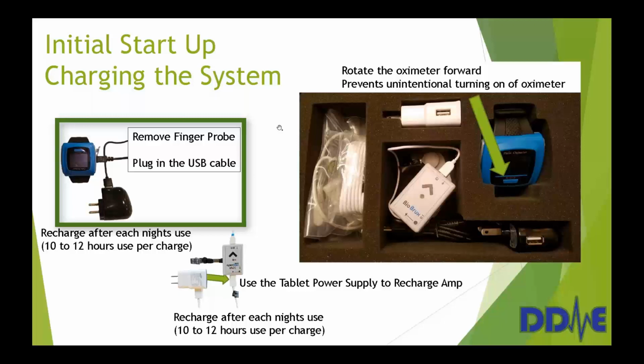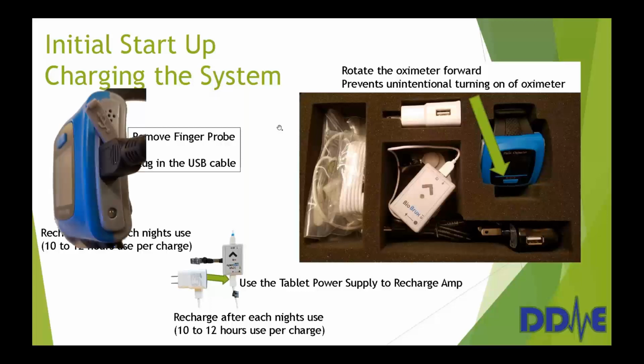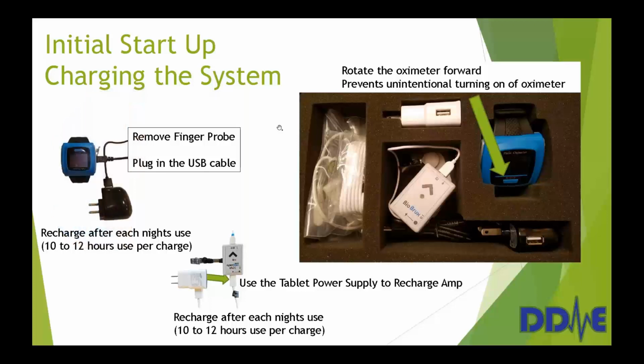So the black USB cable and the black wall plug are designed to charge up the oximeter. On the side of the oximeter, just next to where you plug the USB cable in, there's a small LED light. That light may be orange, red, yellow, whatever the case may be. When the oximeter is fully charged, it will turn green.